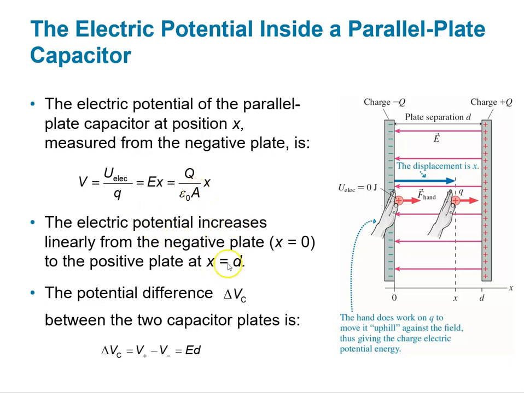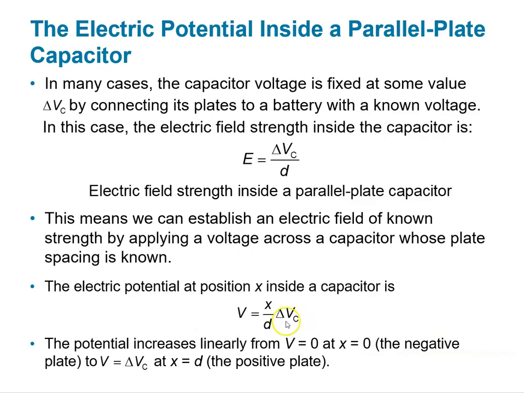And x is equal to d, the distance between plates. So the potential difference in a parallel plate capacitor is equal to E times the distance between the plates, which is equal to Q times d divided by epsilon naught times A. So that is the potential difference of a parallel plate capacitor.